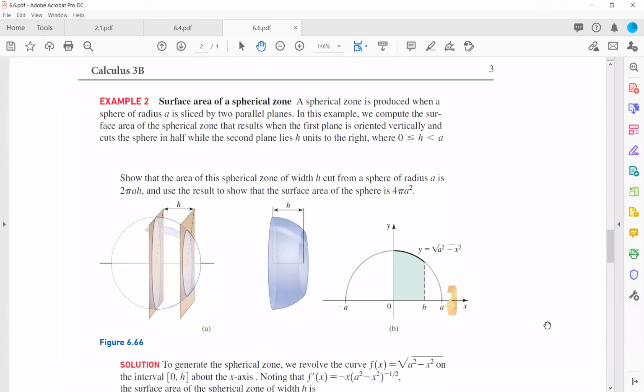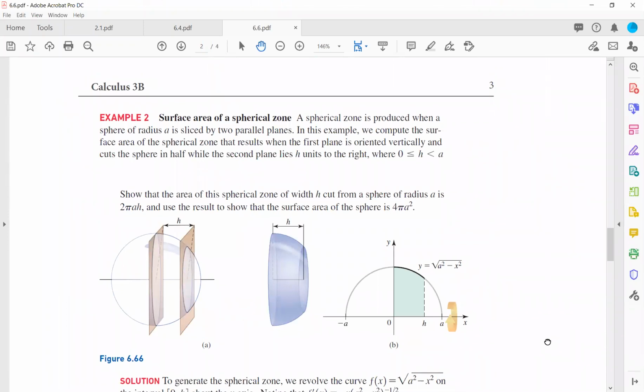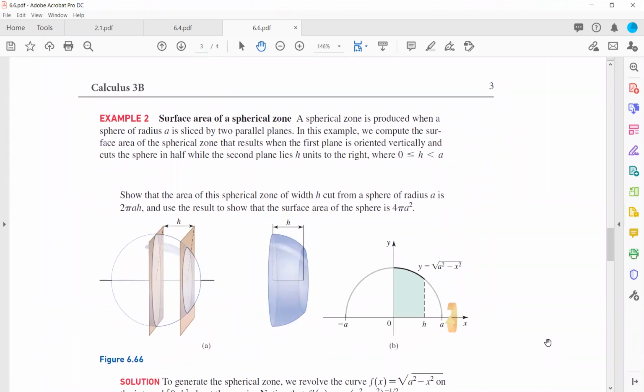Let us continue. Surface area of a spherical zone. Suppose you have a spherical zone which is produced when a sphere of radius a is sliced by 2 parallel planes. Okay, here you have a sphere and you slice it using 2 parallel planes.